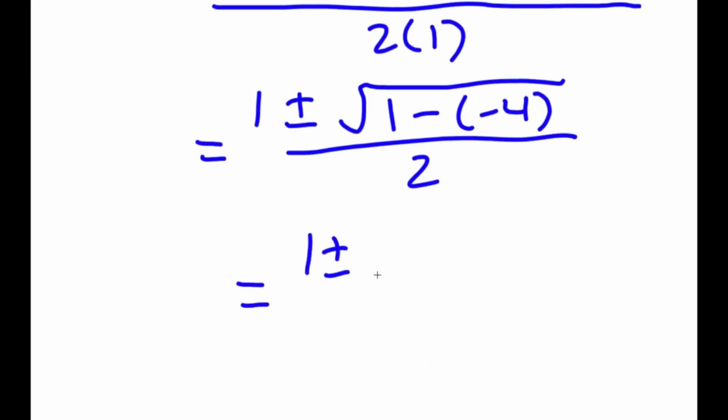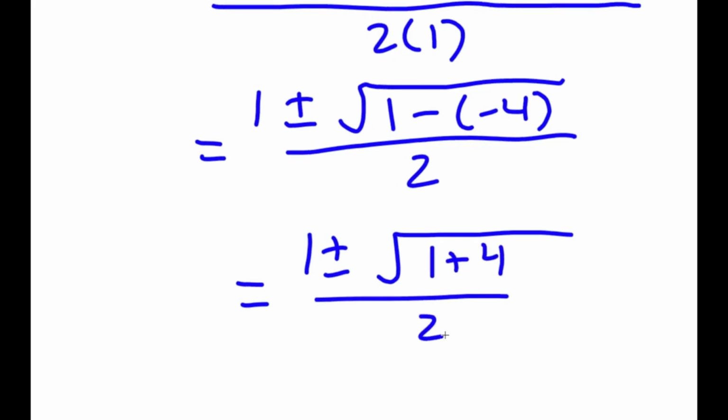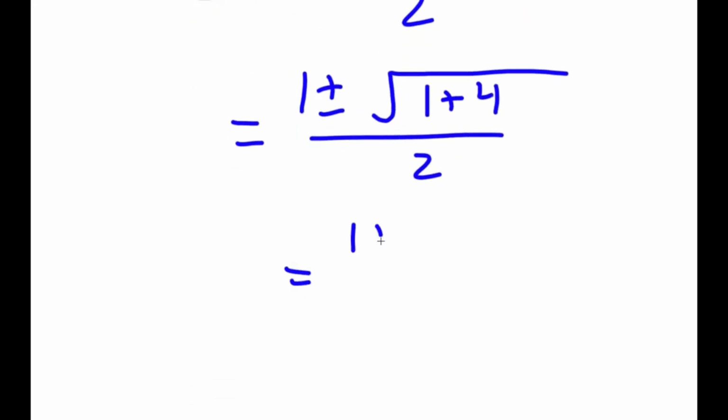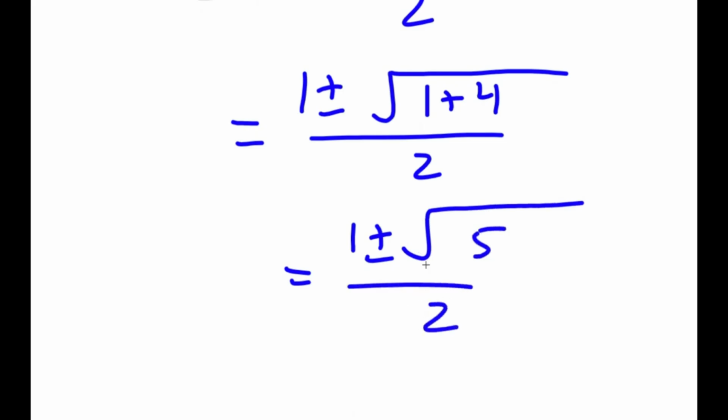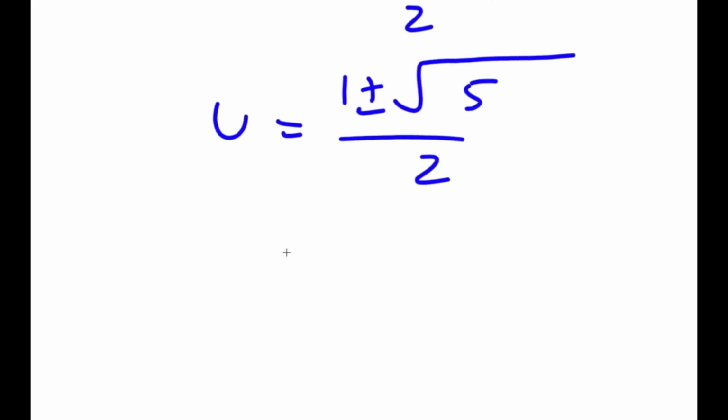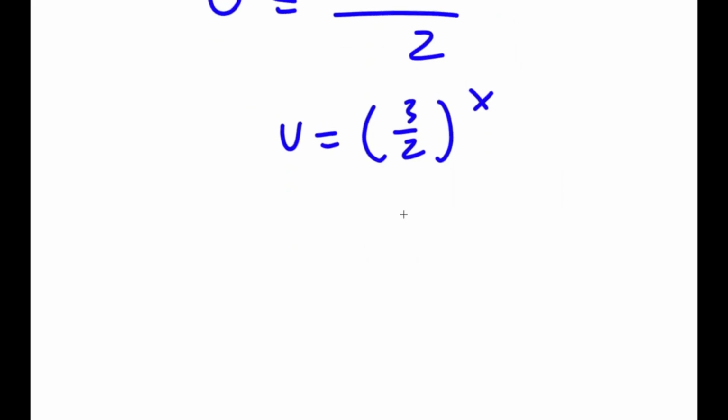This is equal to 1 plus or minus the square root of 1 plus 4 over 2. It's equal to 1 plus or minus the square root of 5 over 2. So u is equal to 1 plus or minus the square root of 5 over 2. Now remember, we set u equal to 3 over 2 to the power of x.